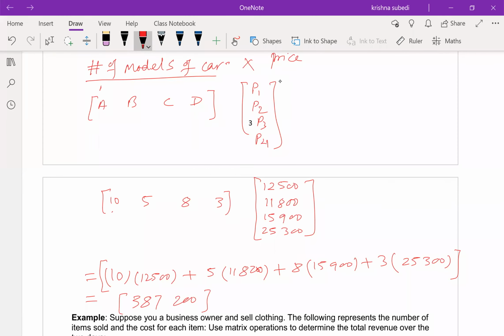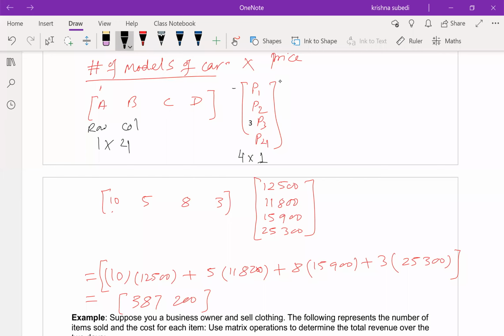Okay, now notice one very important thing. This matrix is 1 by 4. Always the size of the matrix is row by column. This is 1 by 4 size. And this matrix is 4 by 1 size, right?